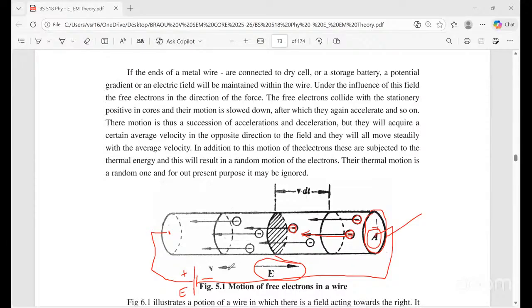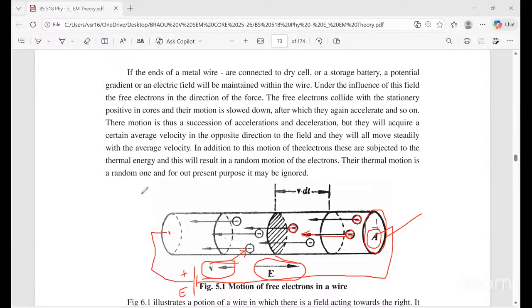What is the velocity possessed by the free charge carriers? V. But since they move opposing the field, they collide with the ions present inside the conductor and also with the walls of the conductor, and so they maintain an average velocity.